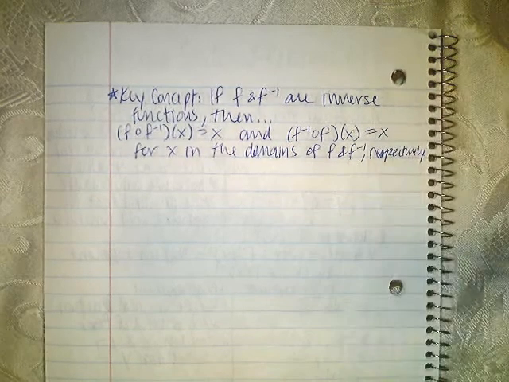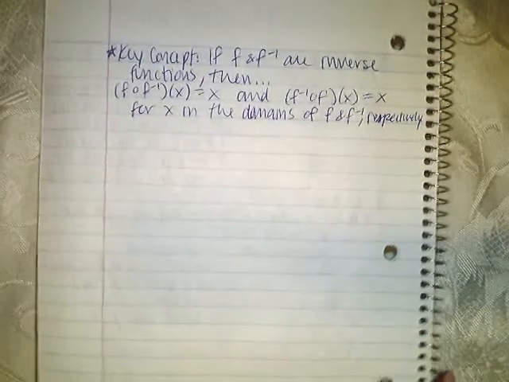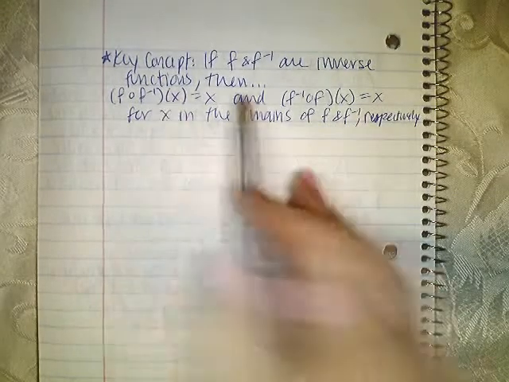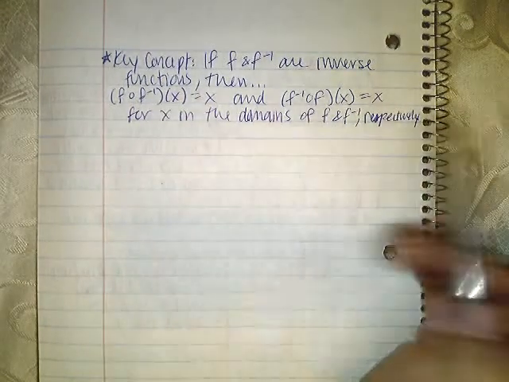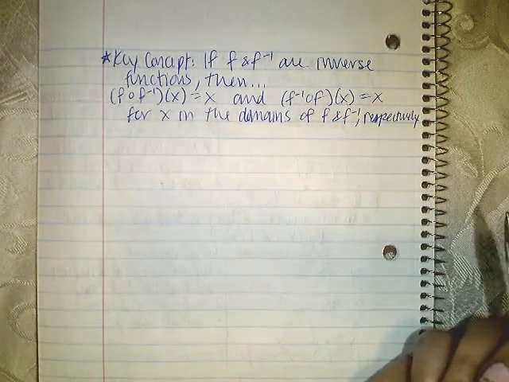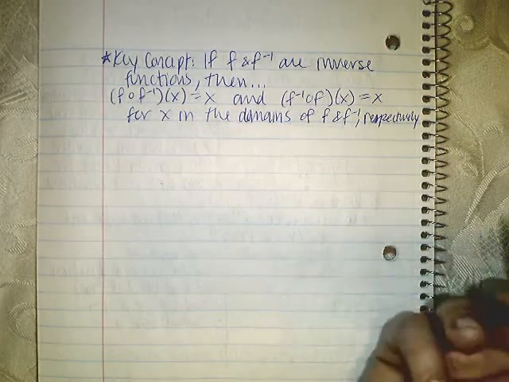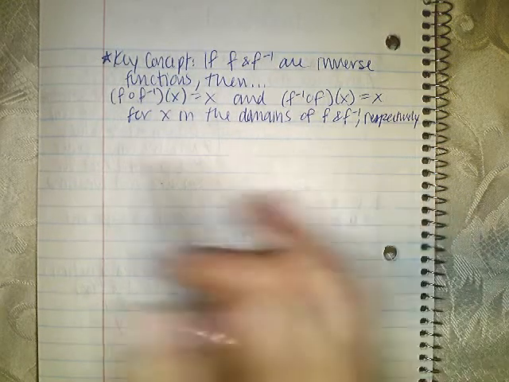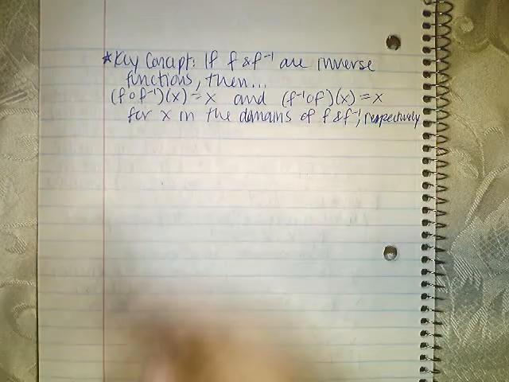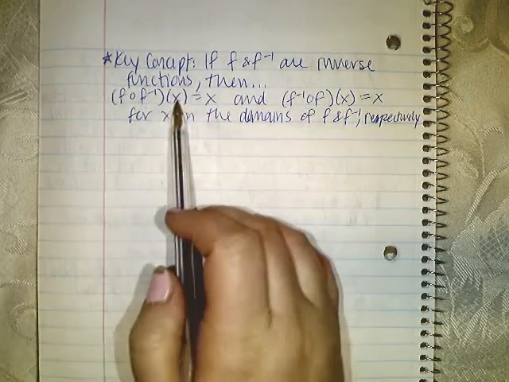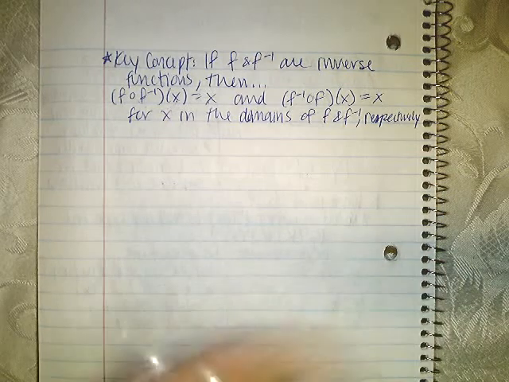So meaning it would have to be satisfying the initial constraints of the domain, then this should simplify to just x in either composite function situation. This, I think, should make some sense because obviously we know that they're the opposite, so they should undo each other. So it should simplify to the simple variable x when you do this.